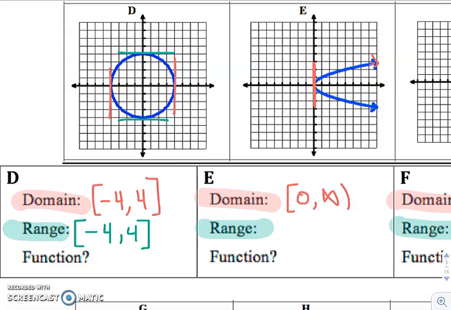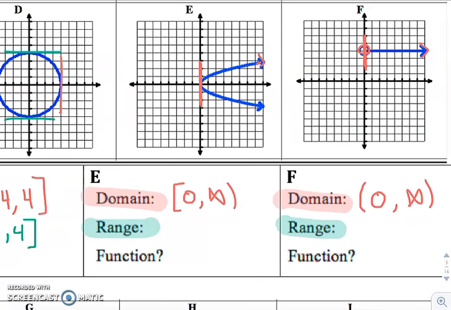Okay, so the range for letter E is a little tricky because there's no highest or lowest point specifically. Like the lowest point would be down here, but it's going to keep going forever and ever if you would like extend the graph off of the picture there.